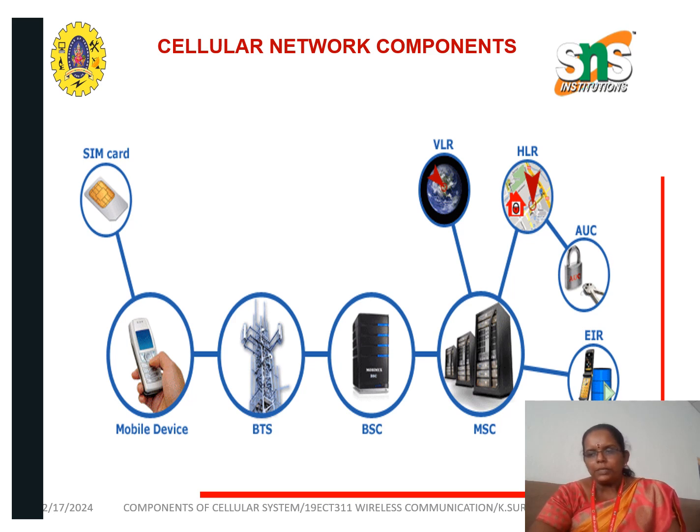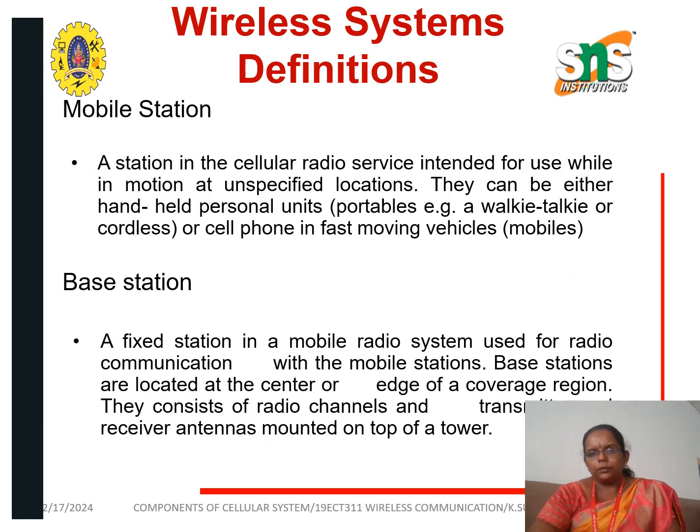Your mobile switching center will have several registers like VLR, HLR, AUC and EIR, where VLR is the visitor location register, HLR is the home location register, AUC is the authentication center and EIR is the equipment identity register. We will see each one in detail.